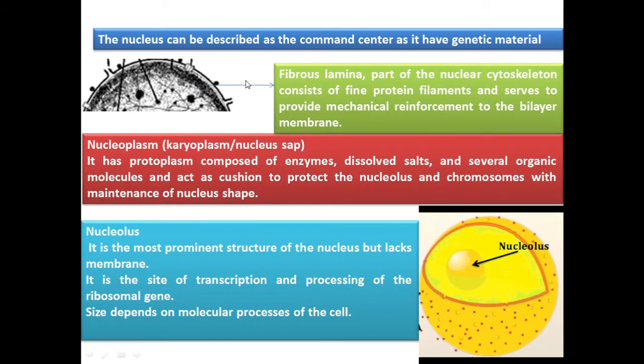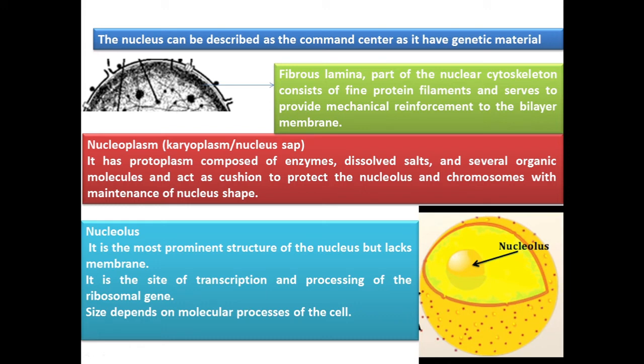It acts as a cushion to protect the nucleolus and the chromosomes, with the maintenance of nuclear shape. So this ground substance pushes the nuclear membrane outward, maintaining the circular shape of the nucleus, and it also protects the nucleolus because the nucleolus doesn't have any membrane, so it acts as a cushion for the nucleolus.